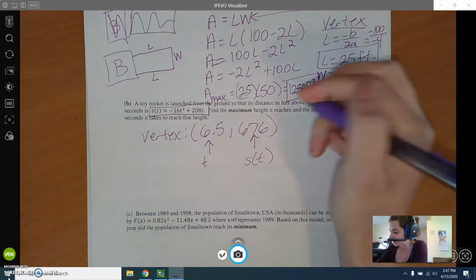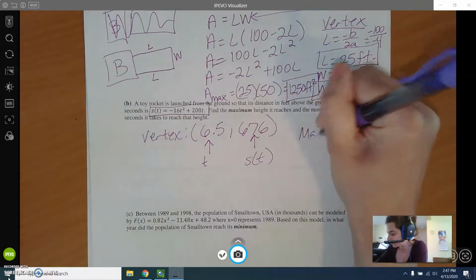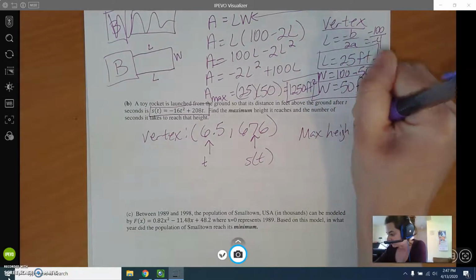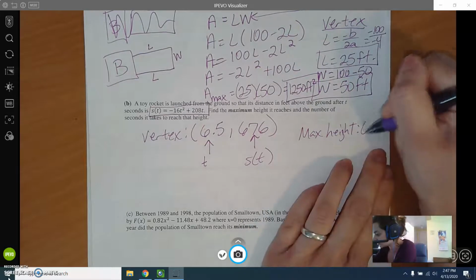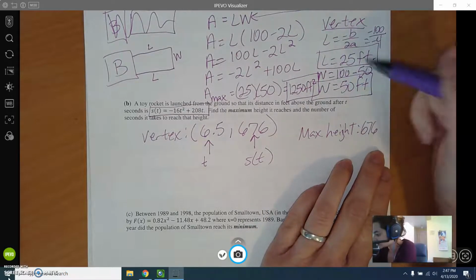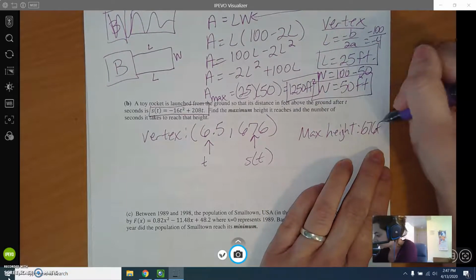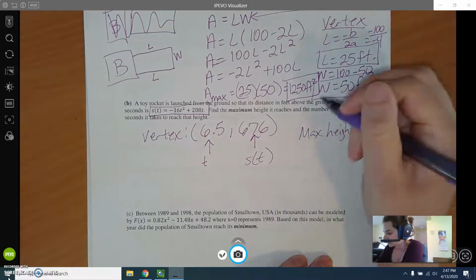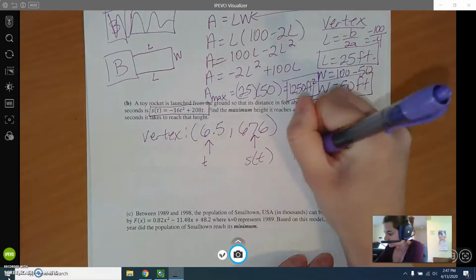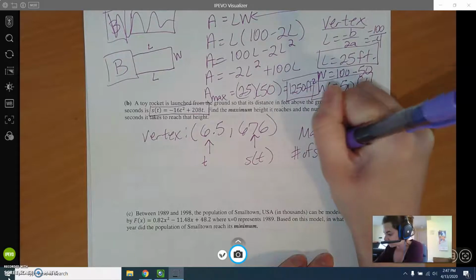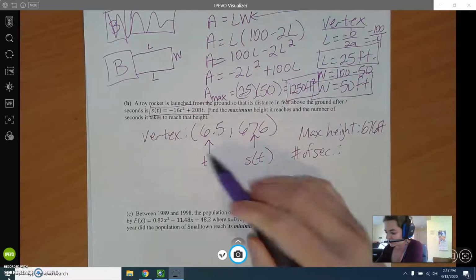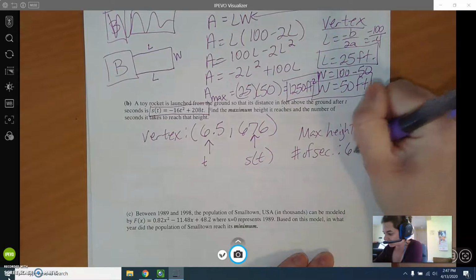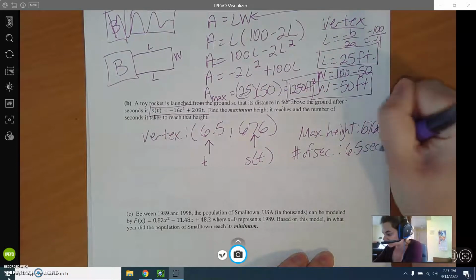Alright, so when it says find the maximum height, your max height is 676, and let's look at units. We are in feet. For the number of seconds that it takes to get there, that's this answer, which is 6.5 seconds. And that's it.